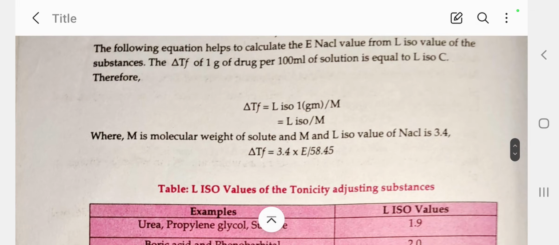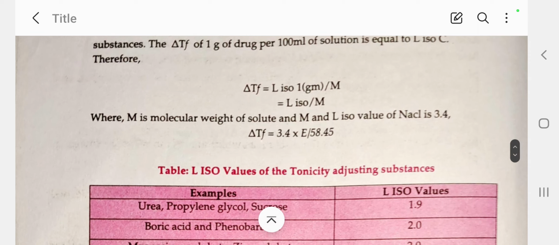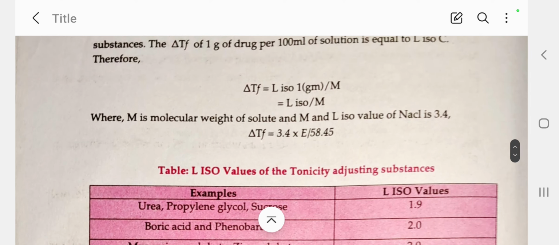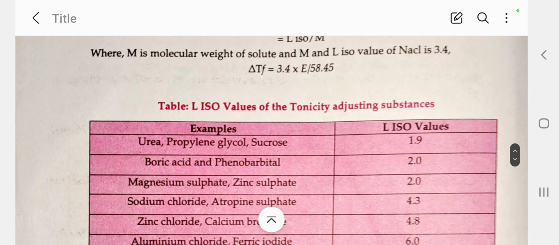So by using this method, if we know the L-iso value of the particular drug substance and the E value of the medicament, where m is the molecular weight, theoretically we can find the adjustment required to maintain the tonicity.